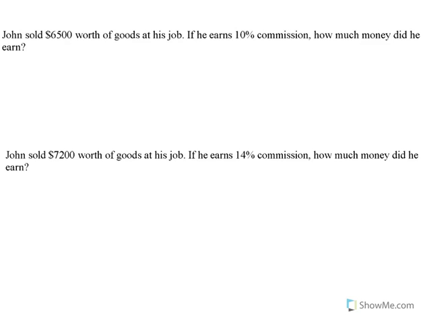John sold $6,500 worth of goods at his job. If he earns a 10% commission, how much money did he earn? So whenever we're dealing with percents, the object is to multiply. We're going to multiply 6,500 times 10%, but we don't know how to multiply by percent, so we need to convert it to a decimal. 10%, all we have to do to make this a decimal is take the decimal point that's right here and move it over 2 places.